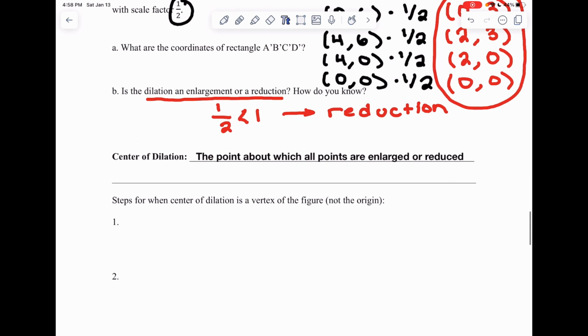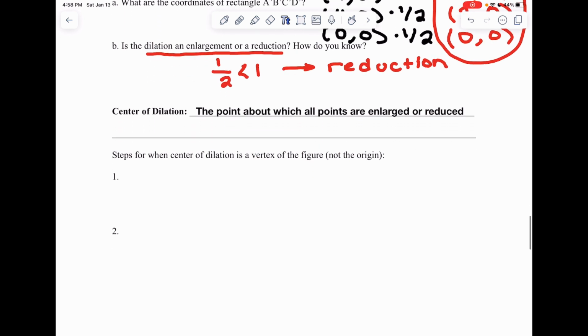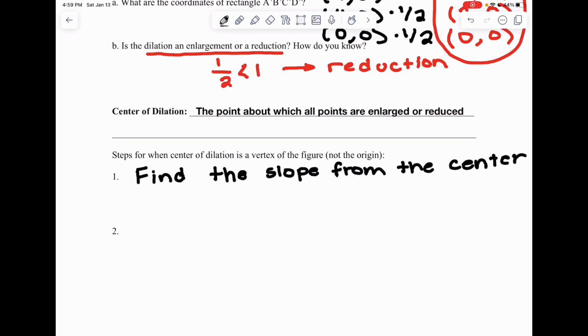But if our center of dilation is a vertex of the figure, not the origin, there are different steps we have to take. Step 1, find the slope from the center to each remaining point.